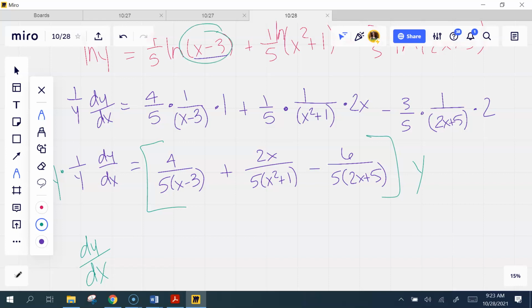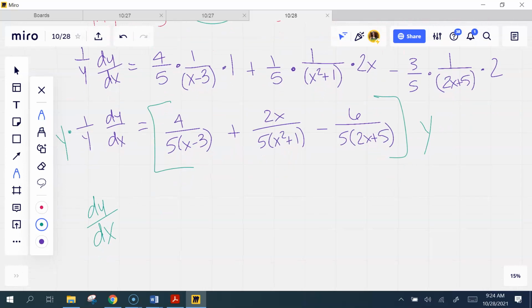This is your x. Remember, it's the log of blah is 1 over blah times the derivative of blah. What was y? It's a lot to write, but at the end of the day, you don't have to do anything with it. Do you have to distribute the... No. More work? I wouldn't do anything else with this.